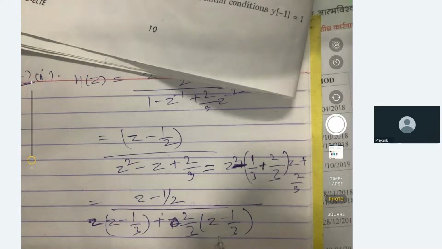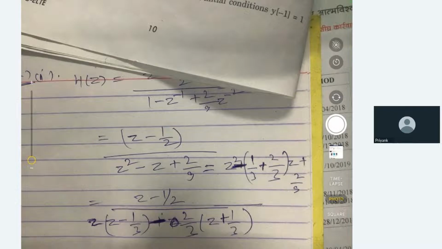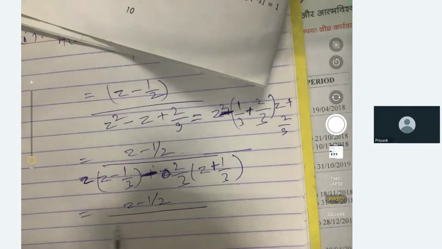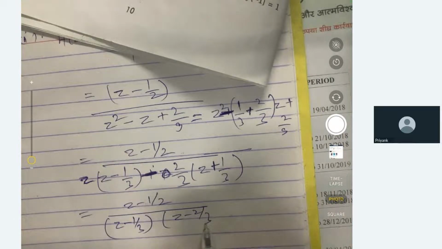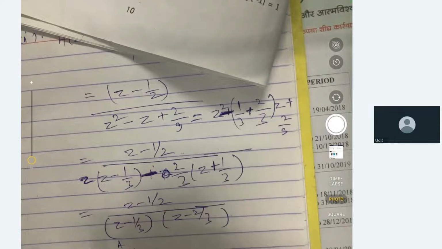Okay, minus 2 by 3 plus 1 by 3. Z minus 1 by 2 upon Z minus 1 by 3 into Z minus 2 by 3. Or let's write in the form of addition and subtraction of 1 by 4, then we can manipulate. It will come Z minus half whole square minus 1 by 36. I'm not wrong.